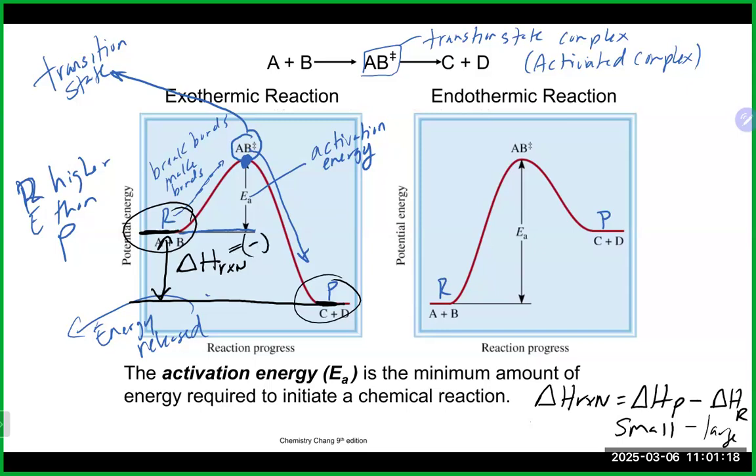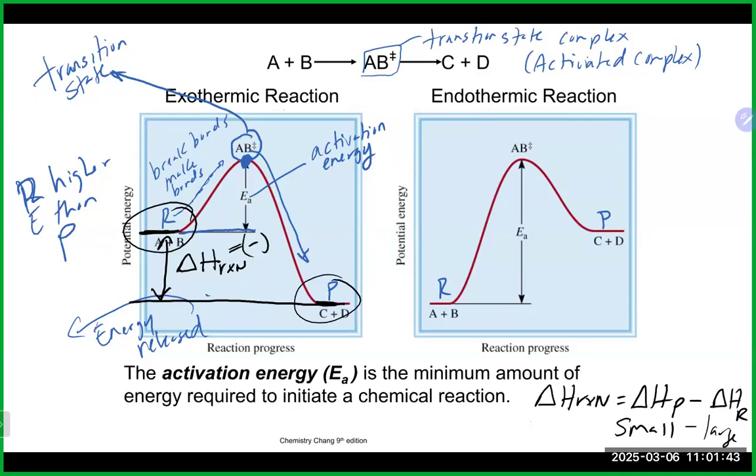And that is why when we see a delta H value that is negative, it indicates that the reaction is exothermic. That's usually how you will know if a reaction is endothermic or exothermic, by the actual sign of the delta H of the reaction. If it is a negative value, then it is going to be exothermic. Any questions on that?